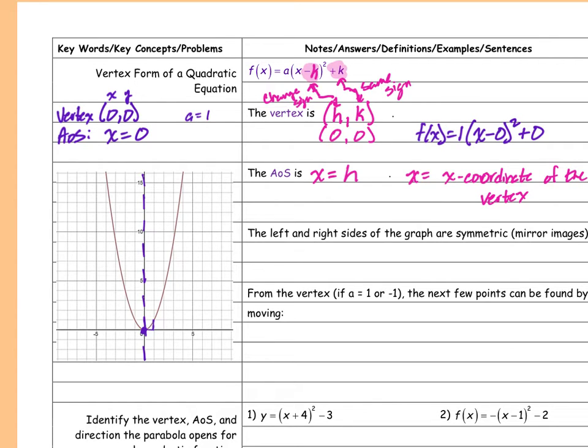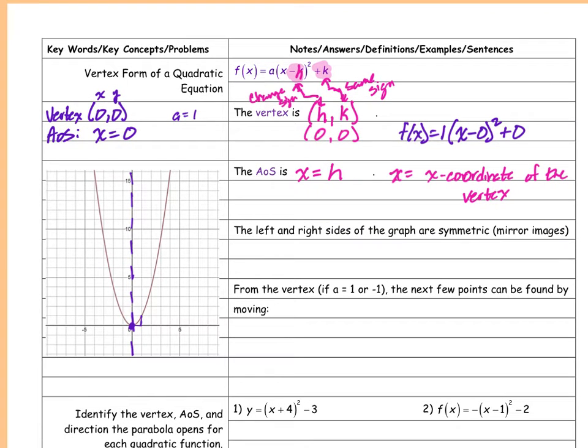Now I want to simplify it. What is x minus 0 equal? Does anyone know what x minus 0 equals? Anybody?